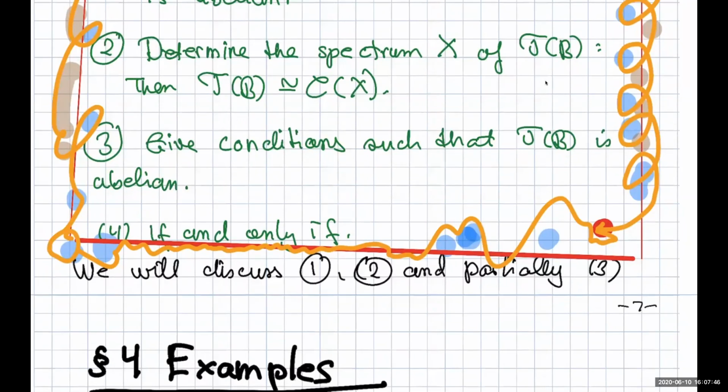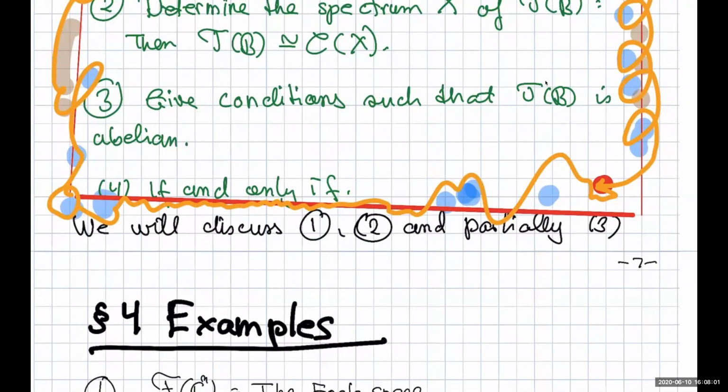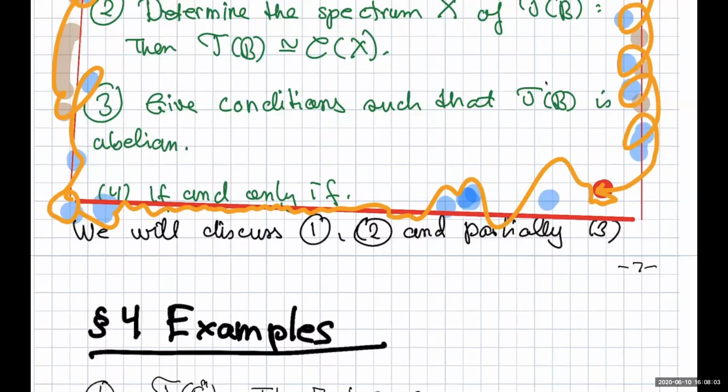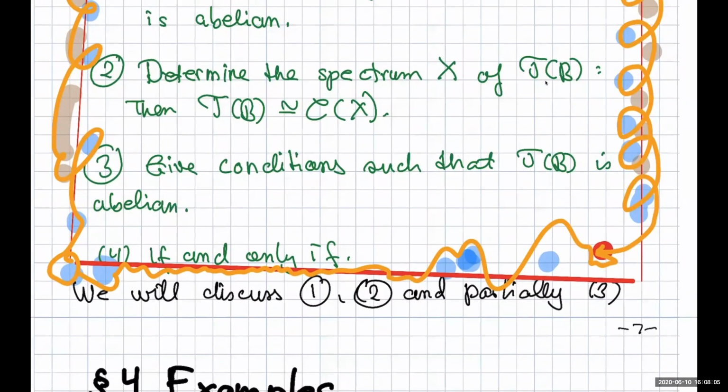Then as soon as you have an abelian algebra, you want to figure out the spectrum. It can be said to be the space of maximal ideals, or the star homomorphisms. So that usually involves some kind of Fourier transform.